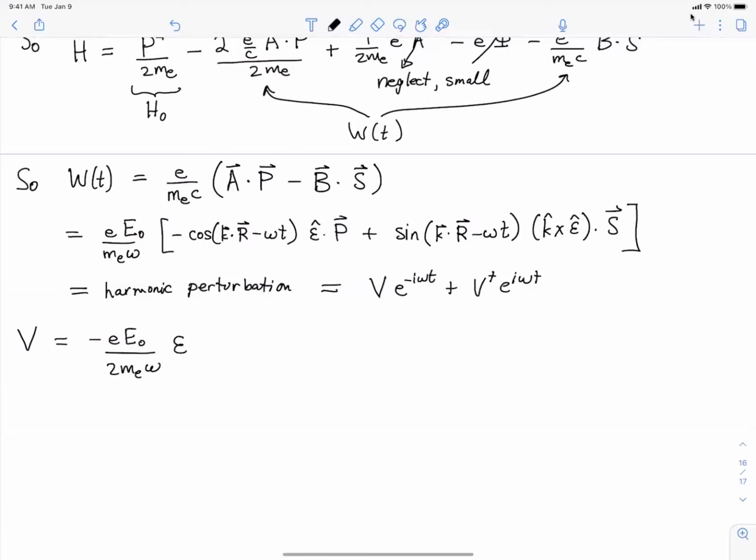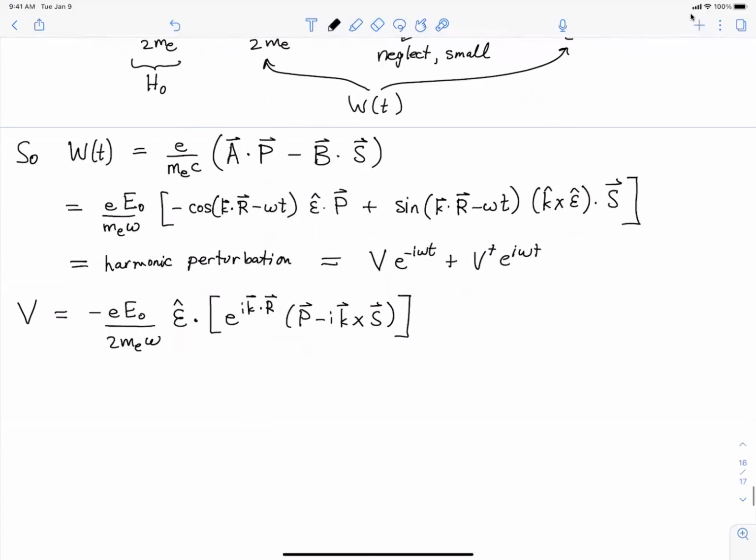And you can write it as the polarization of the wave dotted into e to the i k dot r times p minus i k cross the spin. Okay, that's within the approximation that we've made that we can throw away the vector potential squared as being small.